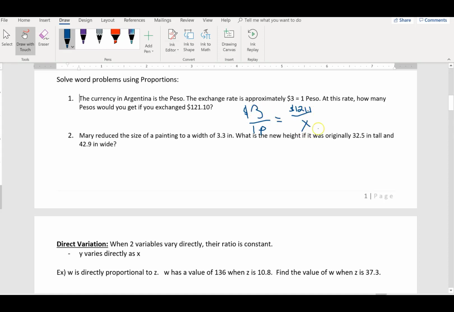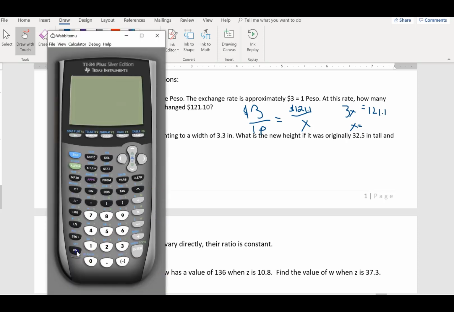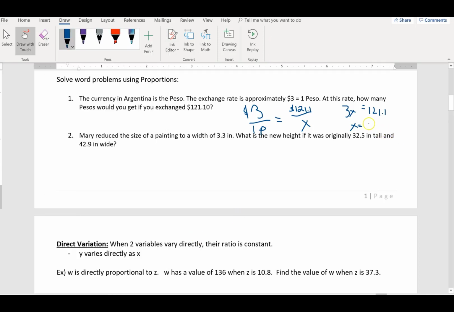If you cross multiply, you're going to get 3x equaling 121.1 times 1, which is 121.1. Divide both sides by 3. So x equals 40.37 pesos.